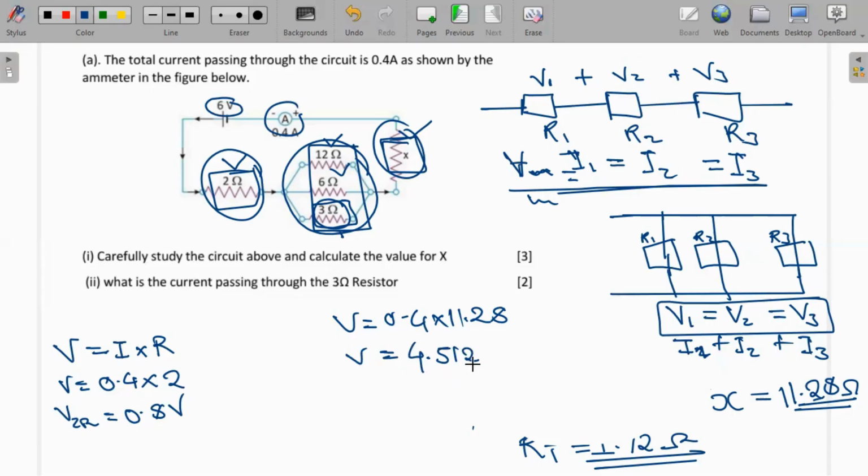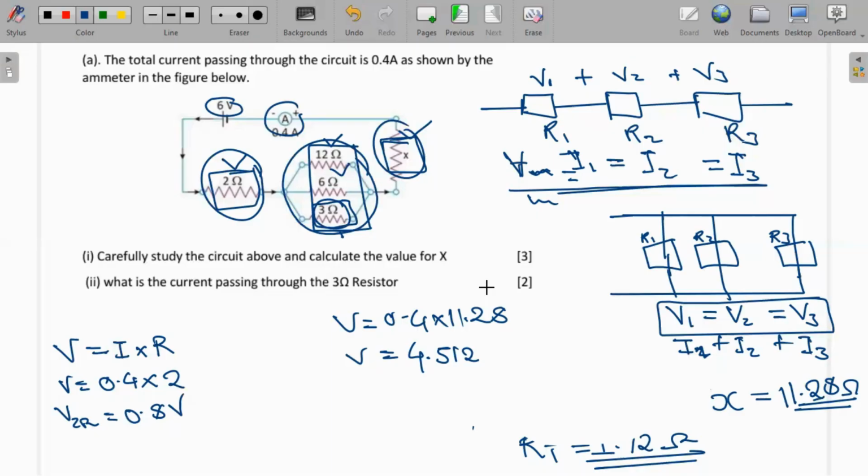I'm getting 11.68. 0.4 multiplied by 11.28, you're getting 11.68? Apologies, I was adding instead of multiplying.